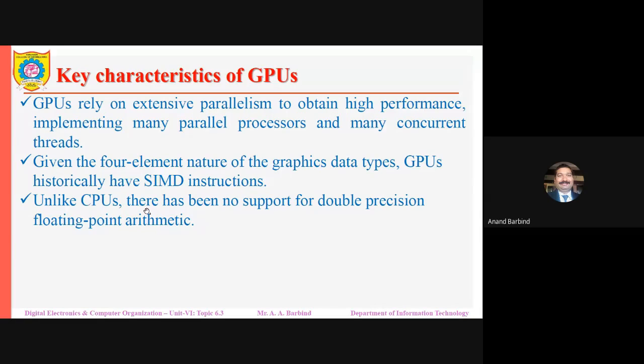So the operation of the GPU is made simple by supporting only a limited number of instructions and a limited, typically single, data type.